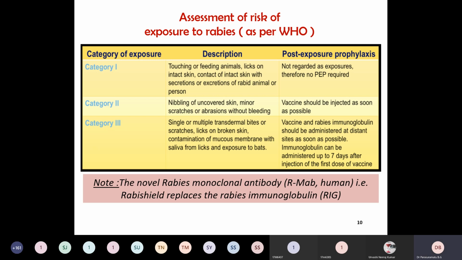So when you want to give equine rabies immunoglobulin, it must be administered only after the test dose, because it is a heterologous serum which is prepared out of horse serum. So the chances of reactions are high. That's why we must give the test dose and then give the full dose if it is negative.